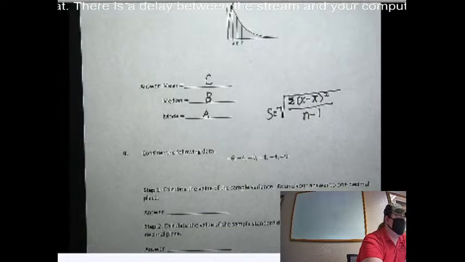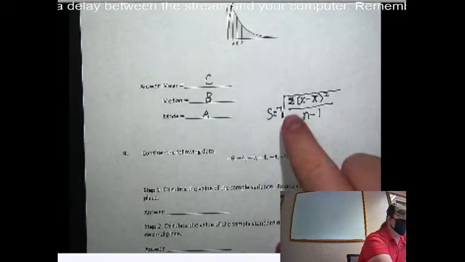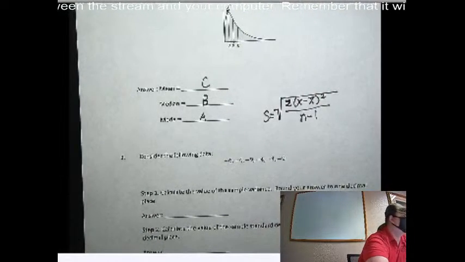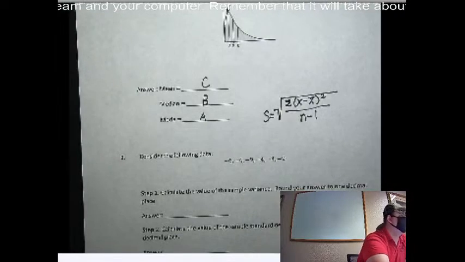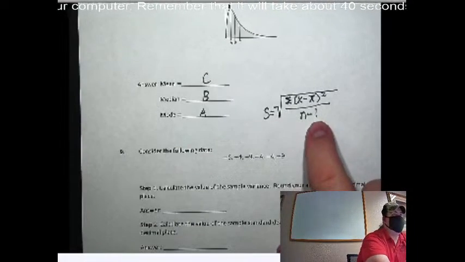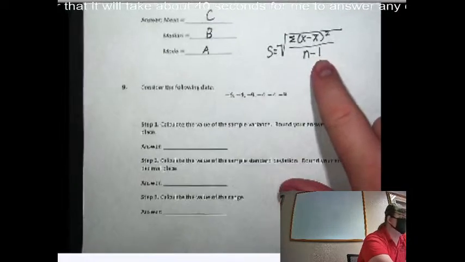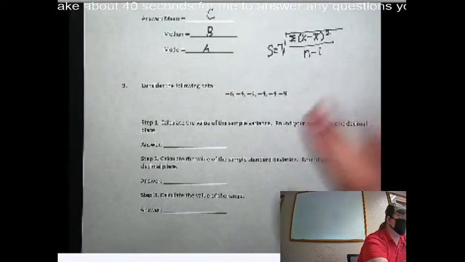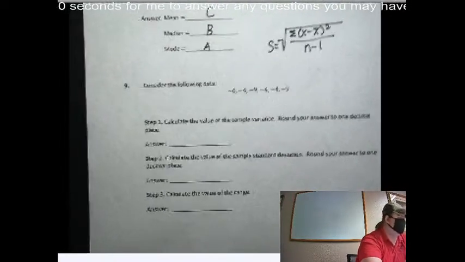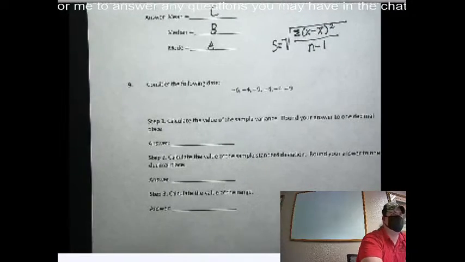The formula for sample variance, just take that square root off and you have sample variance. So we calculate sample variance in the process of calculating standard deviation. Okay, so that's why I'm not that interested in that. I'm more interested in y'all being able to get standard deviation. But we'll go ahead and calculate it here.